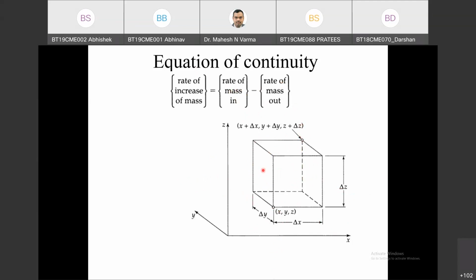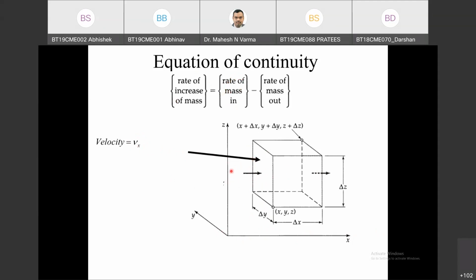To start with, I will consider the X direction. So let us have Vx. I want to discuss the rate of mass in. How to get this? Consider Vx as the velocity of molecules moving in X direction.